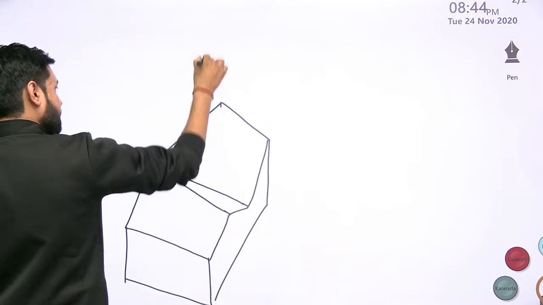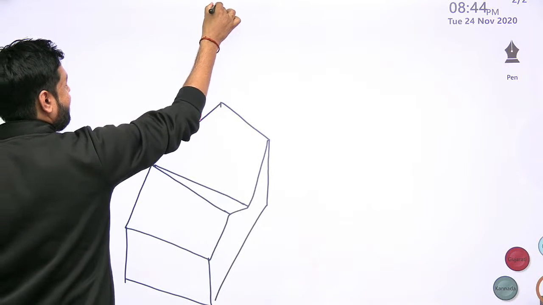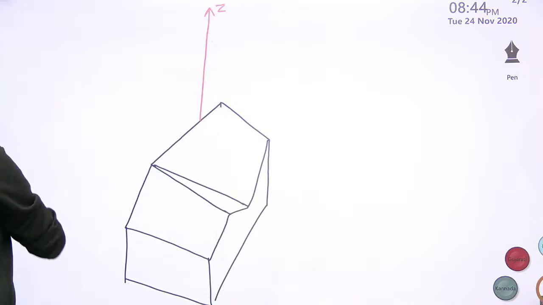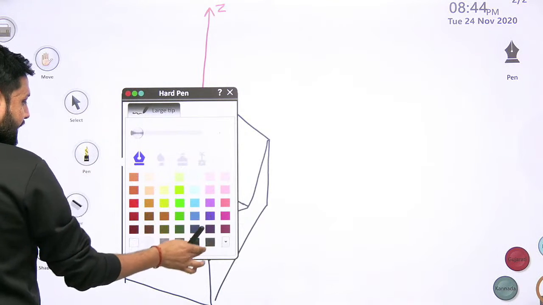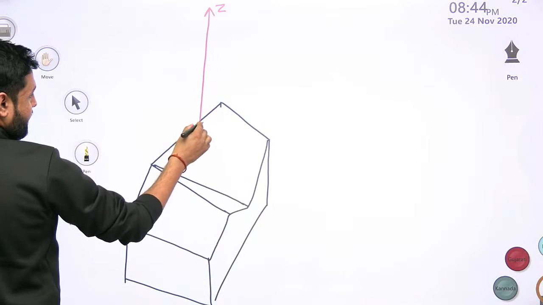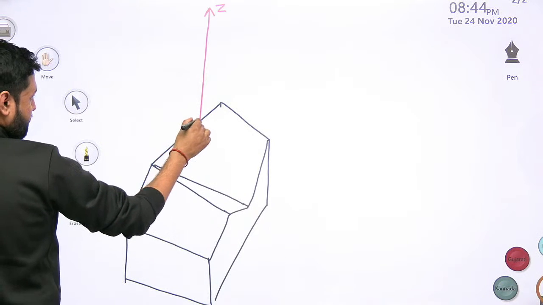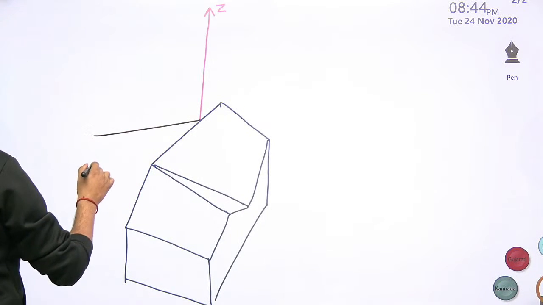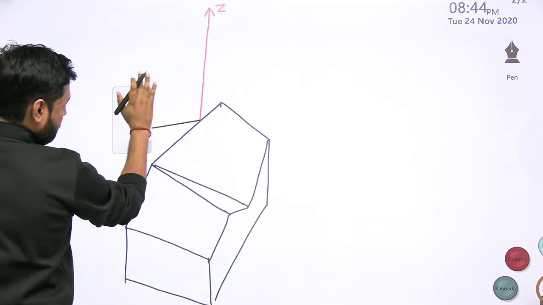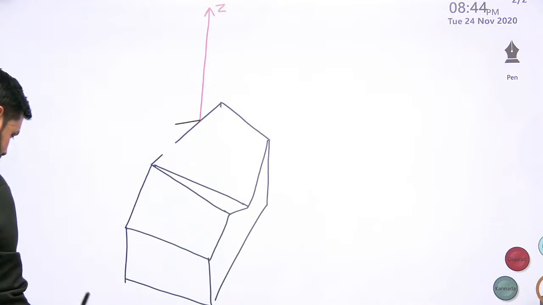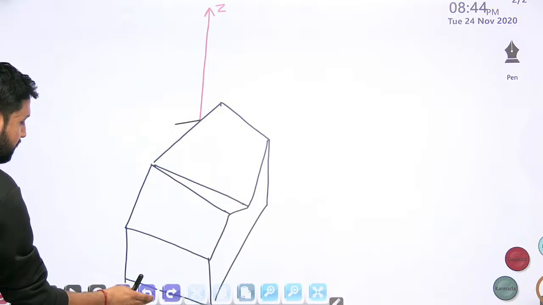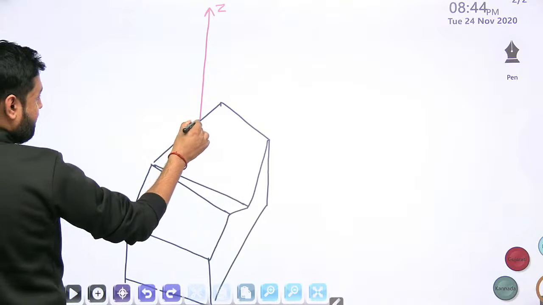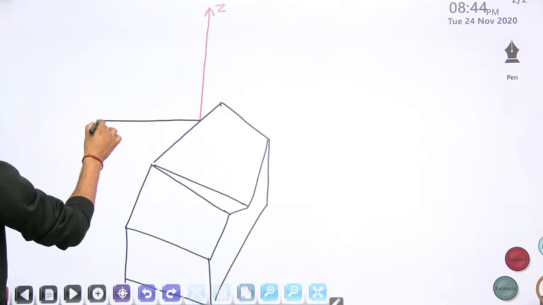Here, this axis is your z axis, and then we have another axis.